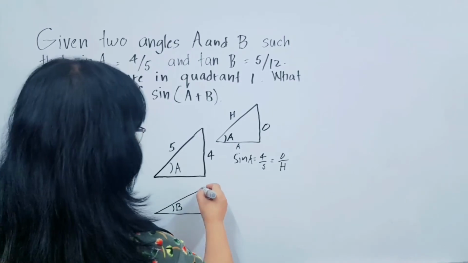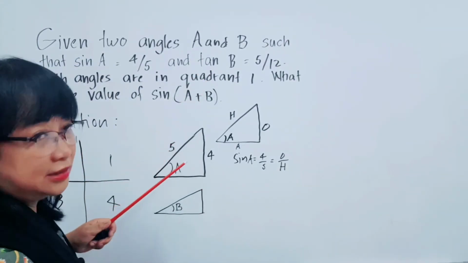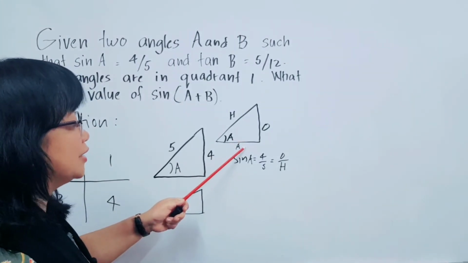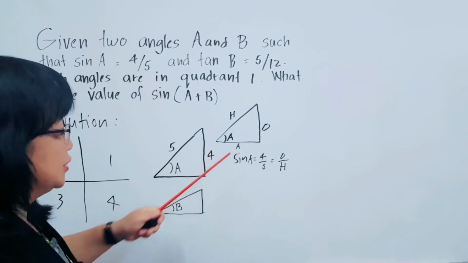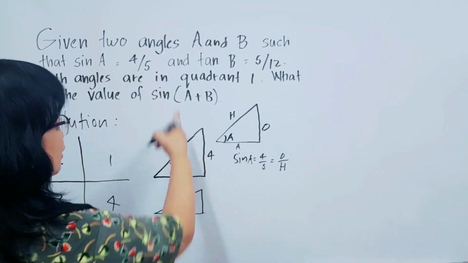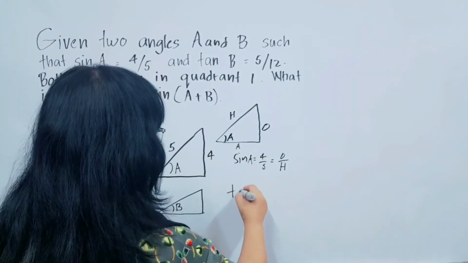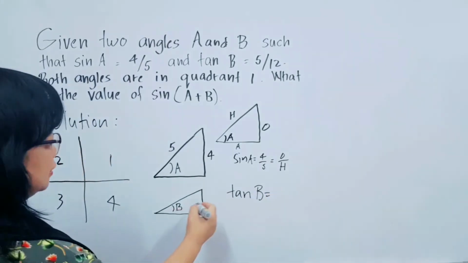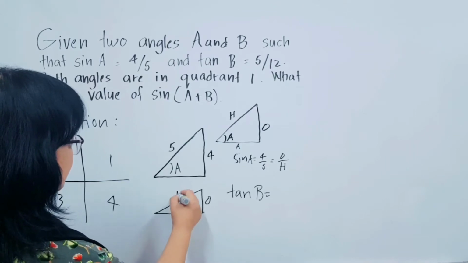Same is true when we talk about tangent. Tangent, in mathematics, is the opposite over the adjacent, which we designate as O and A. So, here, what is given is tangent B is equal to the opposite, and this is the adjacent, and this is the hypotenuse.